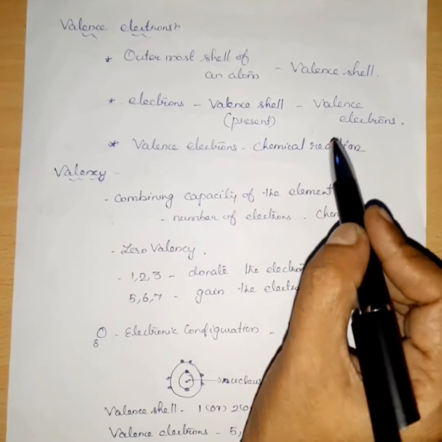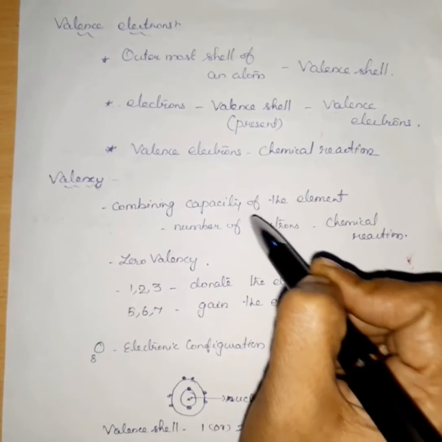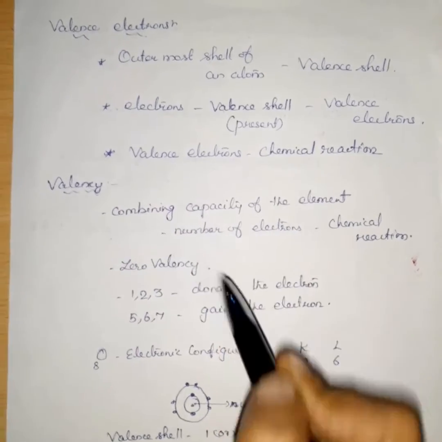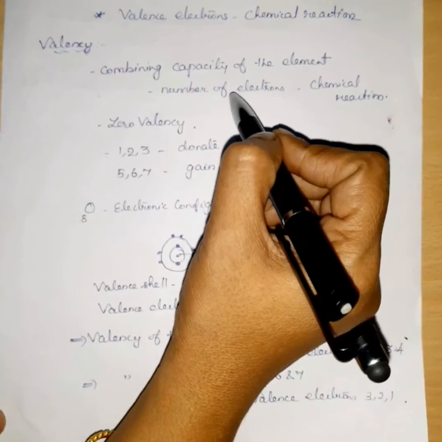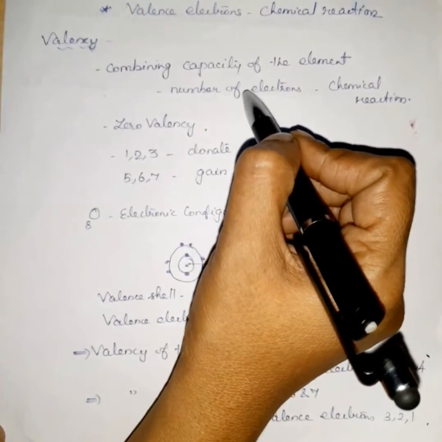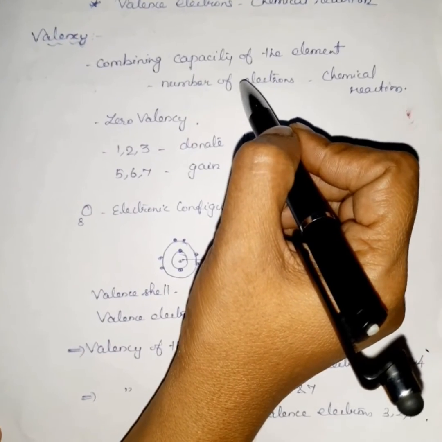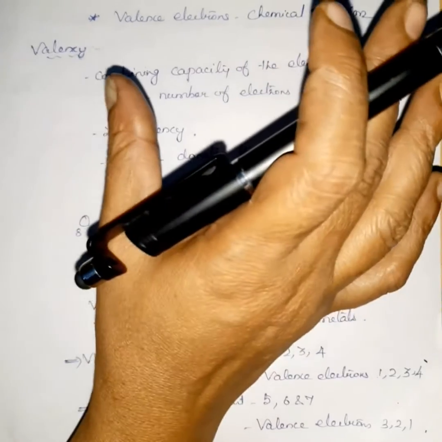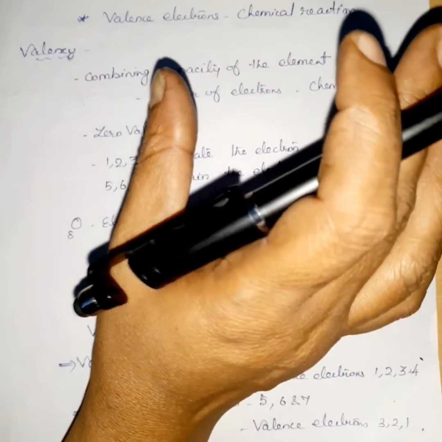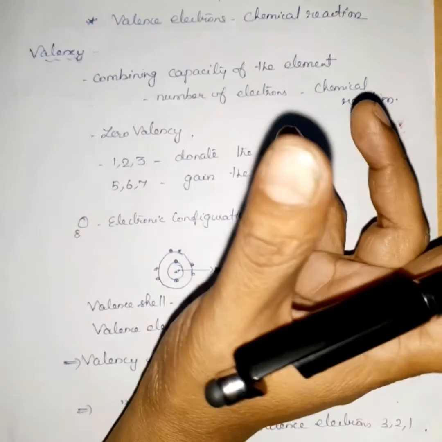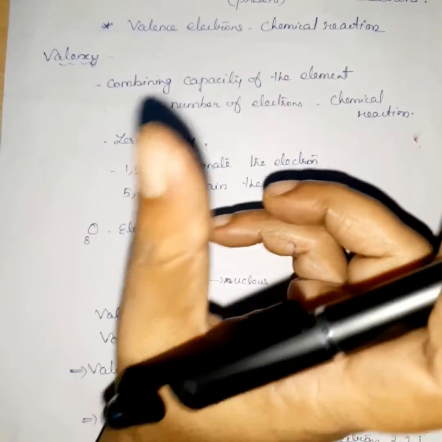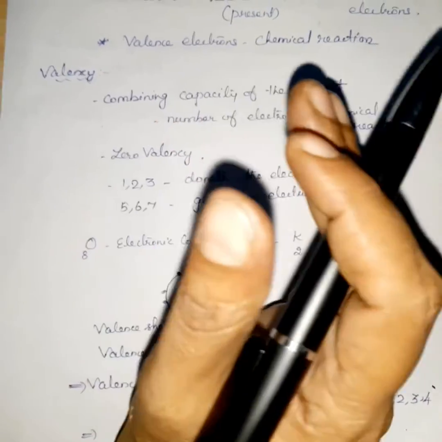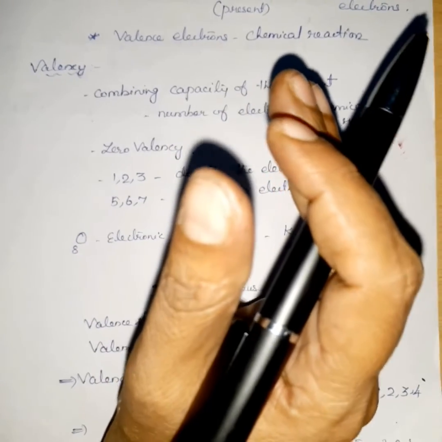Next you are going to study valency. What is valency? The valency of an element is measured by its combining capacity with other atoms when it forms a chemical compound or molecule.